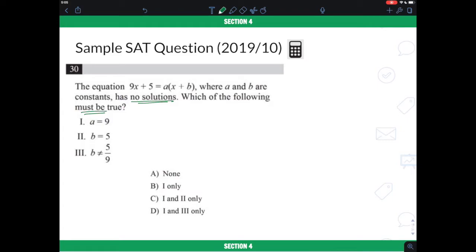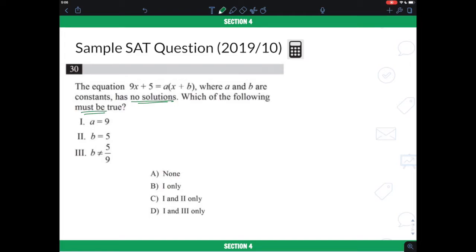So let's talk about what it means to have no solutions. Okay, so in this little equation right here, 9x plus 5 is equal to a parentheses x plus b. That means at a specific condition that there is no value of x that is going to satisfy this equation.